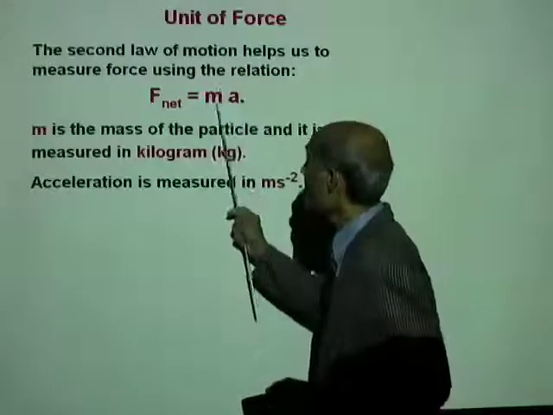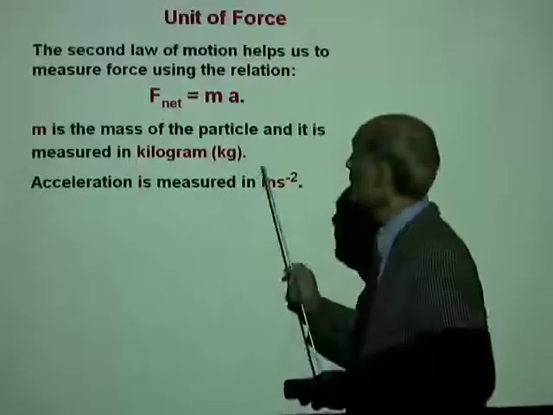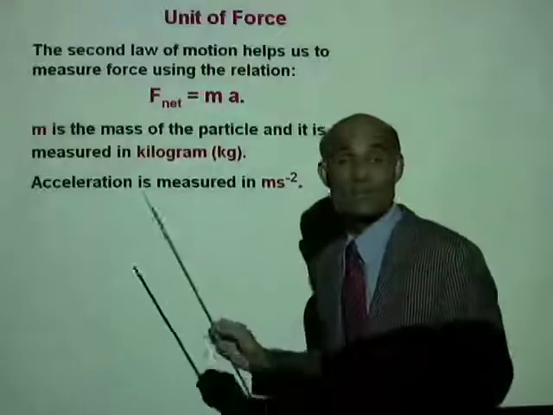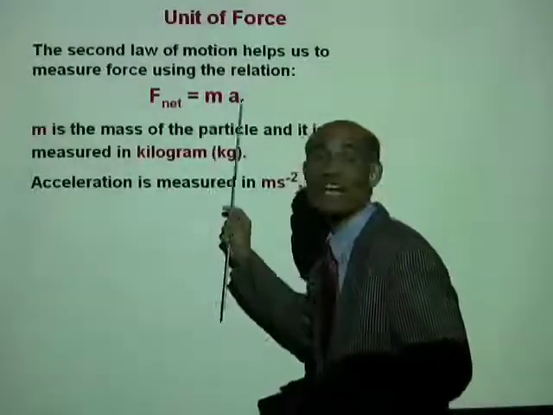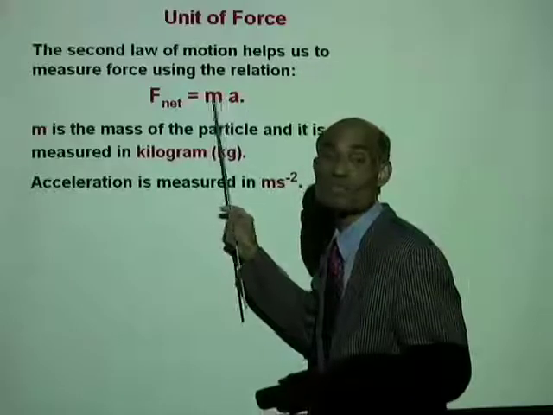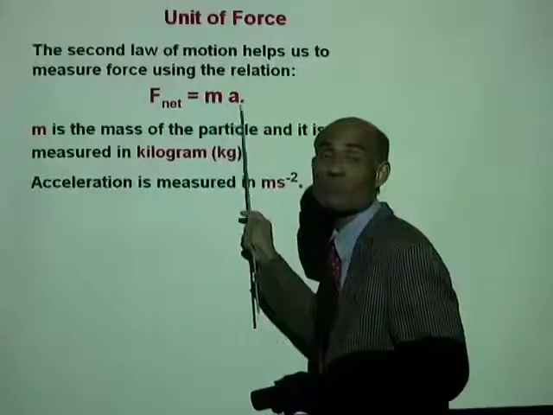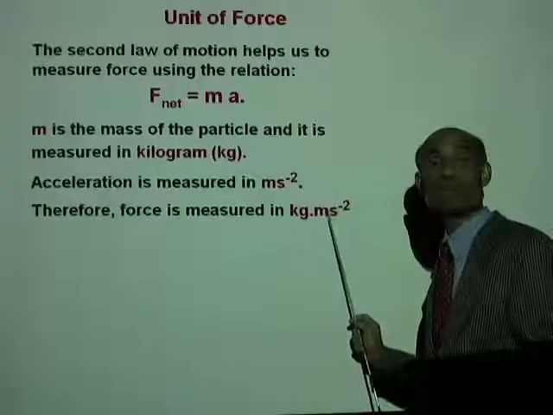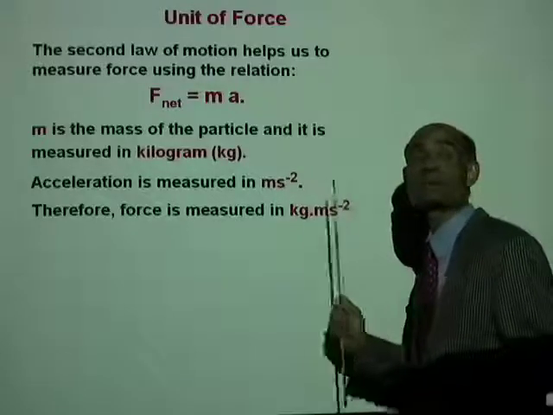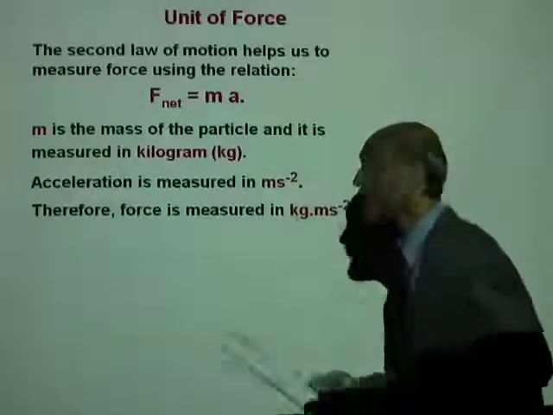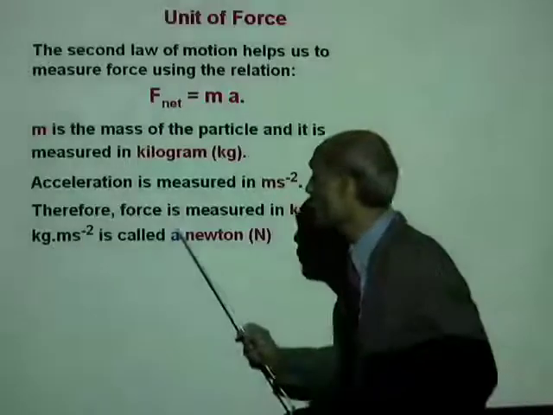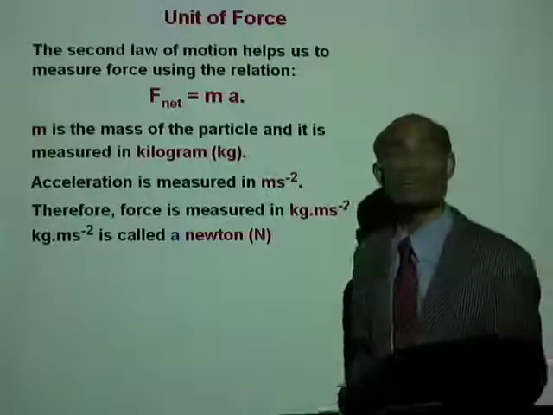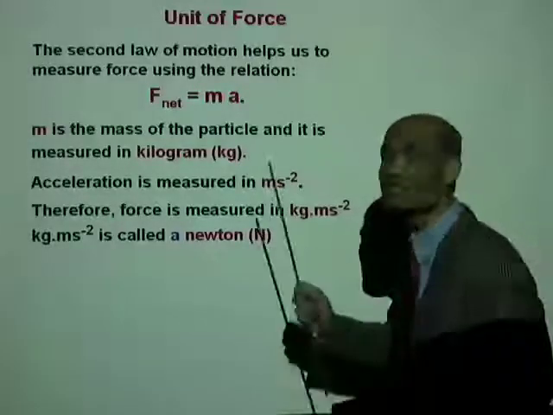Now, mass is measured in kilogram, acceleration is measured in meter per second squared. Therefore, it is easy to define a unit for force. What will be the unit for force? It will be kilogram multiplied by meter per second squared. This is the unit for measuring force. Kilogram meter per second squared. Now, this has a name, and that is called a Newton. 1 kilogram meter per second squared is called a Newton.